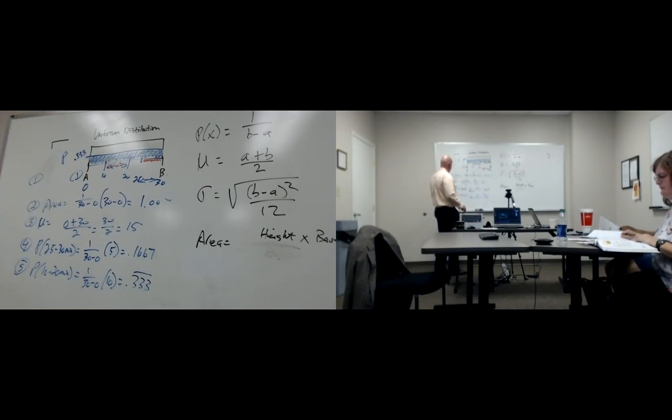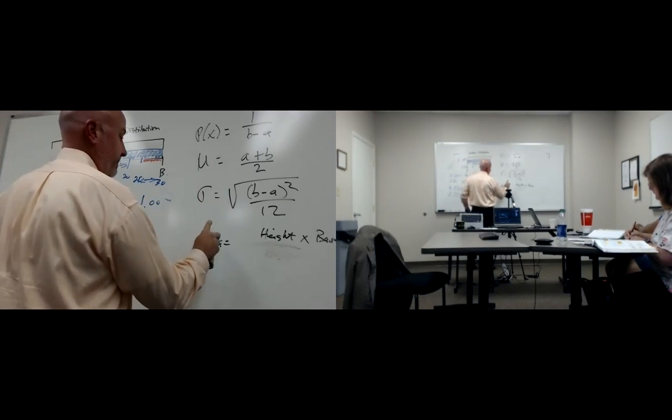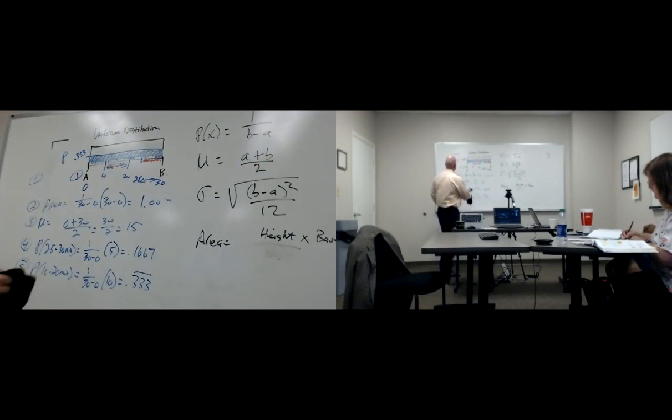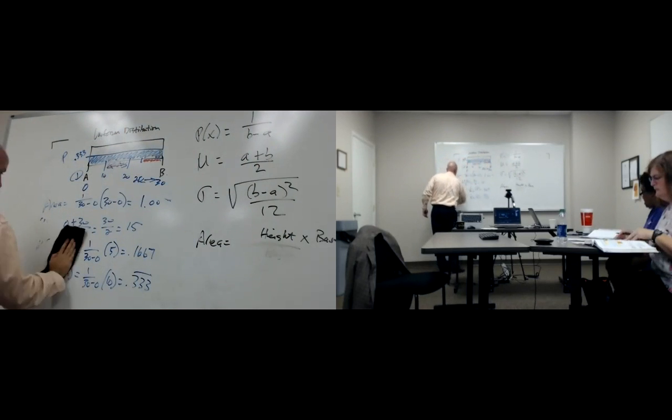Moving right along to a normal probability distribution. What are the characteristics that we are going to take on? What's the shape of it?